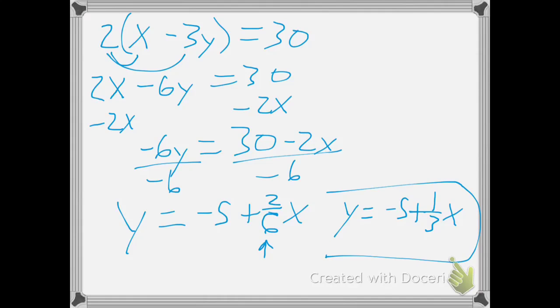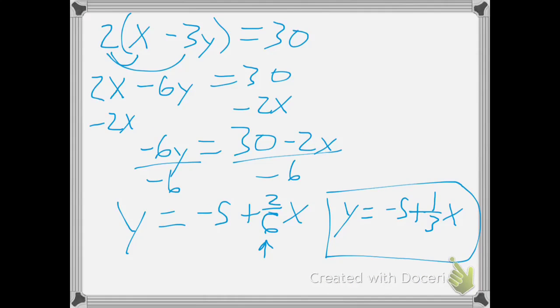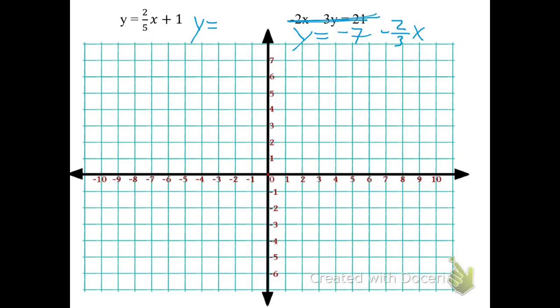And so this part is actually in the form that we're pretty used to graphing. That's the y equals mx plus b form. Okay, so let's add that to our list of things to graph. And I'm going to put it here. y equals negative 5 plus 1/3 x.